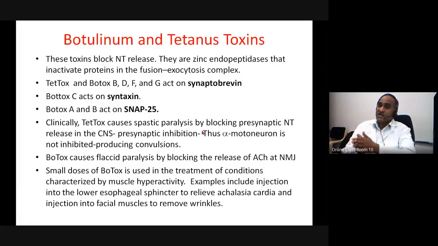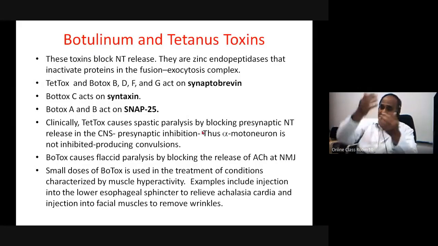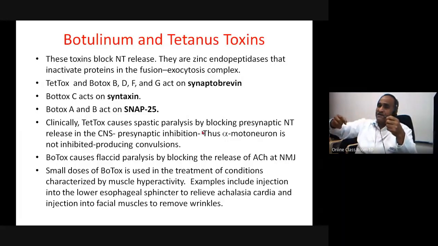Usually, there is what is called a recurrent inhibition. Once the impulse comes from the alpha motor neuron, its collateral goes back into the spinal cord, and through another inhibitory neuron, what is called a Renshaw interneuron, it interacts.